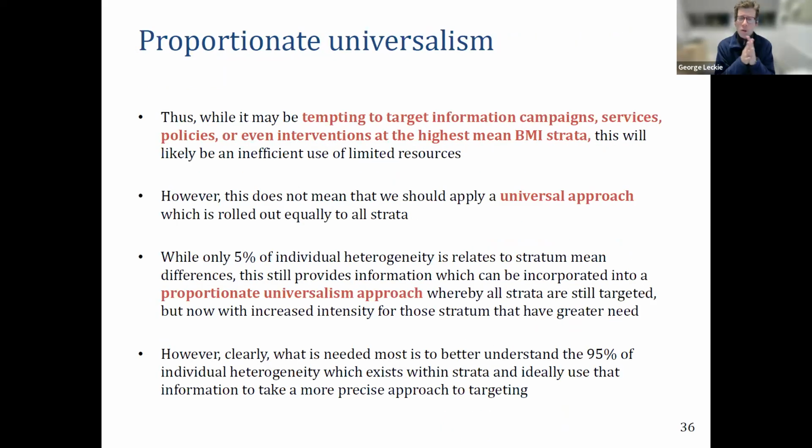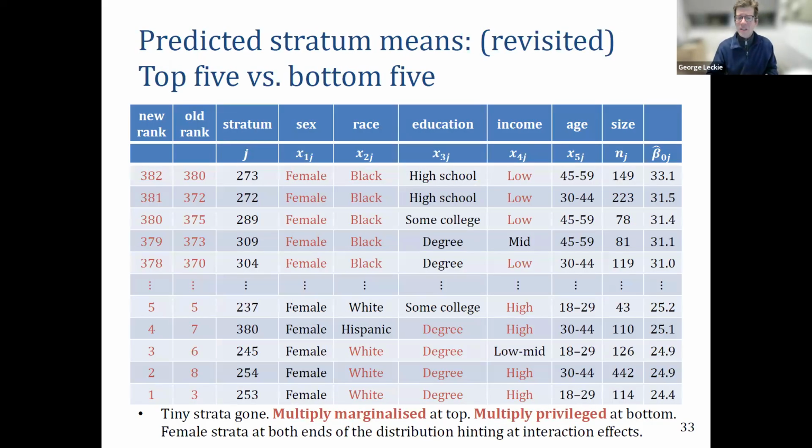And then that brings us on to making consequential decisions off the back of this. Often, once you've established or mapped out the degree of socio-demographic inequalities in an outcome, that information might be used to inform, for example, information campaigns, services, policies, interventions. And when you look at this kind of information, there's a desire to perhaps target the extremes, target the top 5 strata with very high mean BMI.